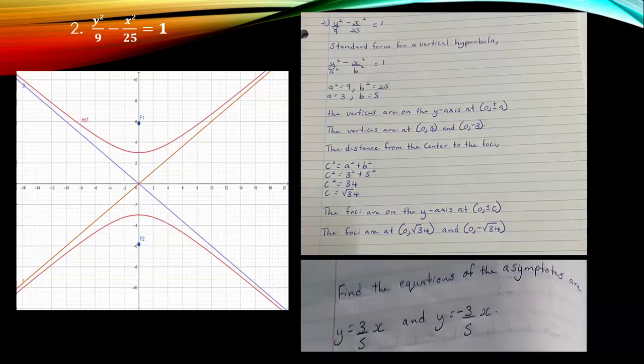Your b value is 5, so you move across 5, and you can draw your rectangle. But in this case, let's locate our vertices. Our vertices are at 0, 3 and 0, negative 3. That's our vertices, and we have our asymptotes, as you see there.